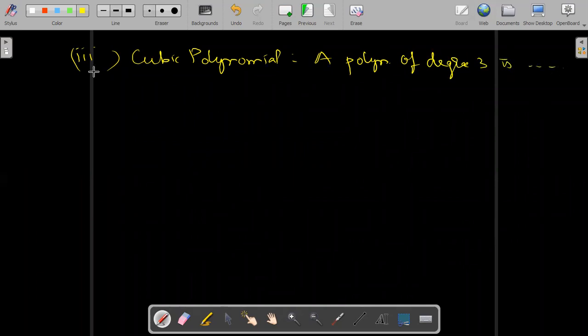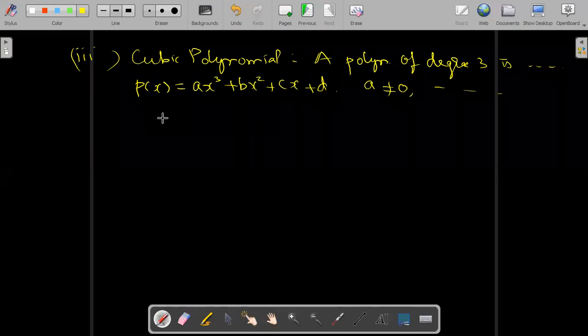In general, we can write px is equal to ax cube plus bx square plus cx plus d. It is the standard form where a should not be equal to 0 and a, b, c, d are real numbers.